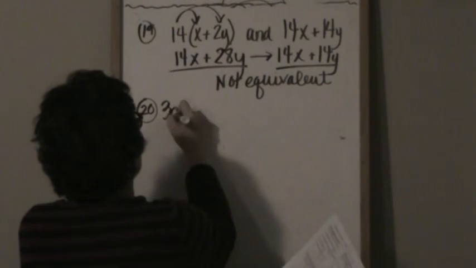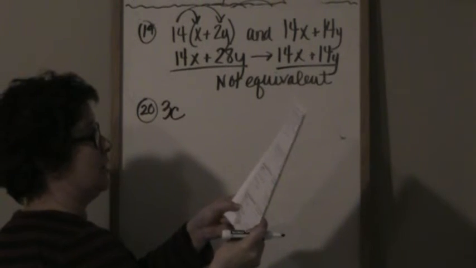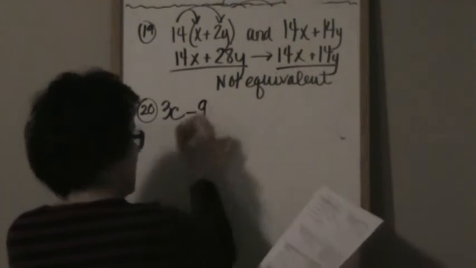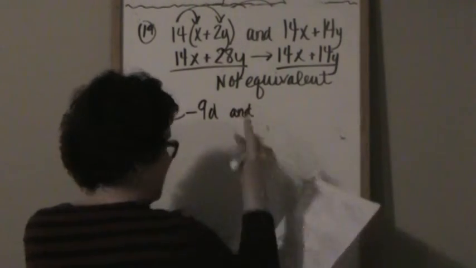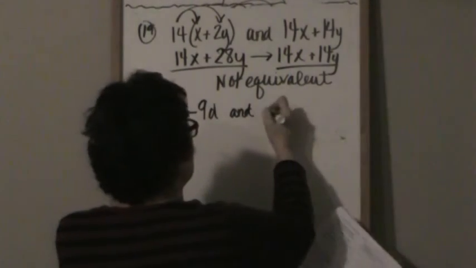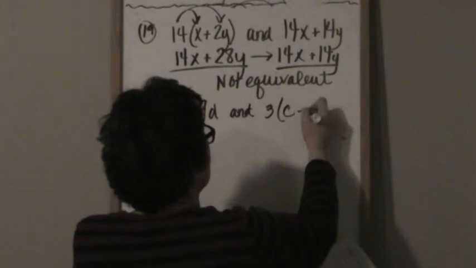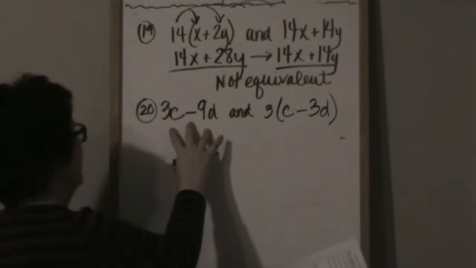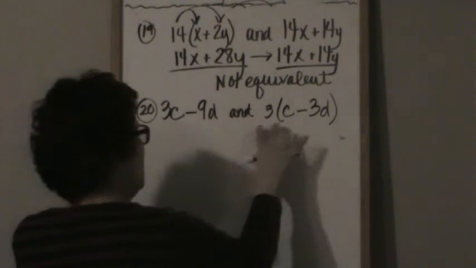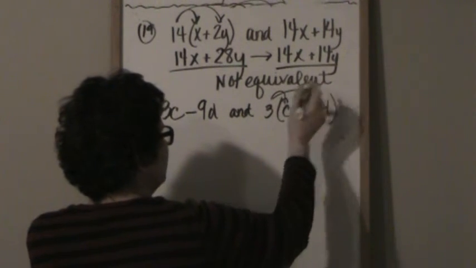3c, I can't see these minus and plus signs, minus 9d, and my second expression is 3 times c minus 3d. This one's already simplified. Can't do anything with it. Okay, I can work on this one. I can use the distributive property.